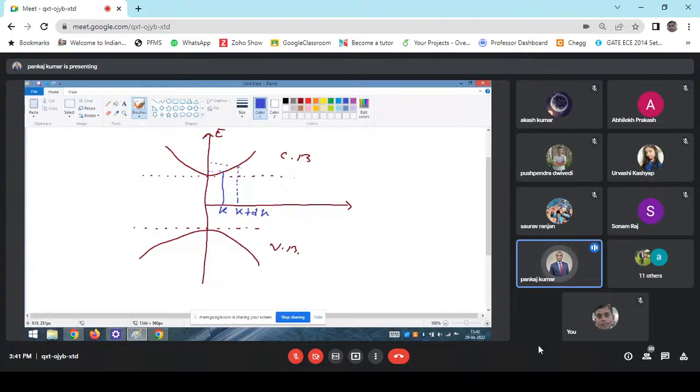So between k and k plus dk, this much density of states is there, right? And here, energy E corresponds to k, and corresponding to k plus dk we have E plus dE. So if we move from E to E plus dE, the same density of states is there as when we moved from k to k plus dk. Okay.